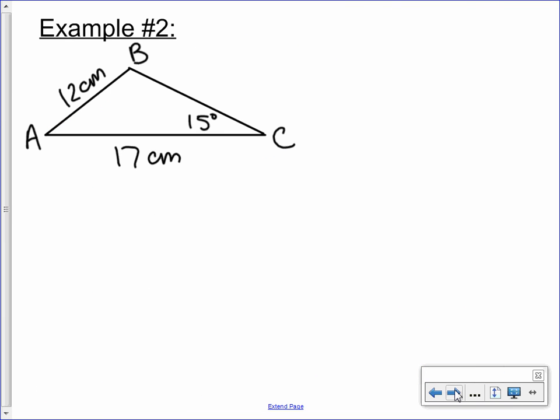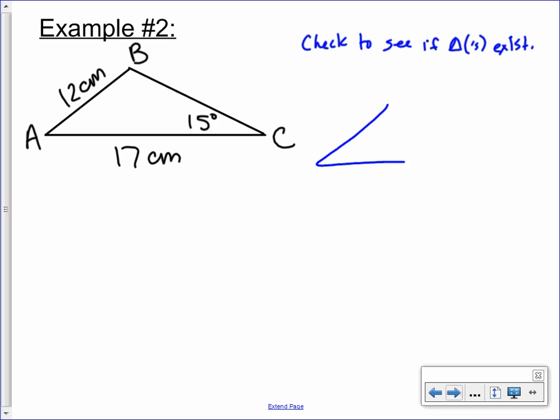Okay. First, we have to see if a triangle even exists. All right. Now, it's a little bit hard to see from this point of view, so let me change our perspective. Okay. So we're checking to see if the triangle exists. Let me switch it around for you a little bit, since it's hard to see from this vantage point.